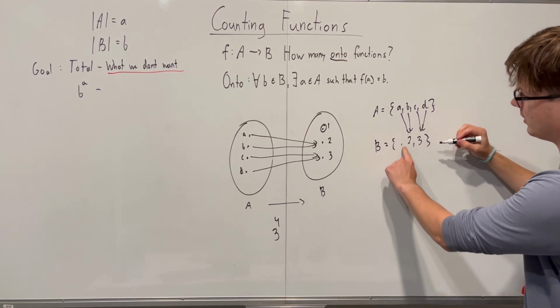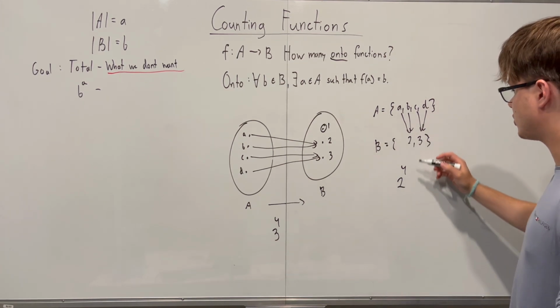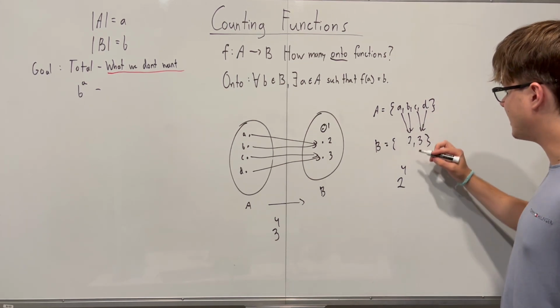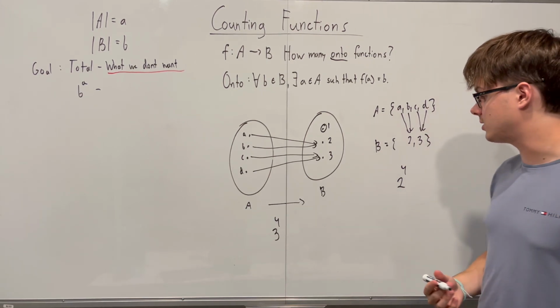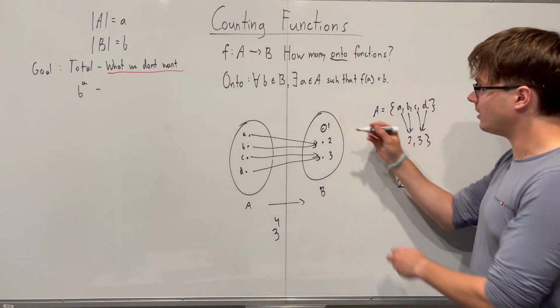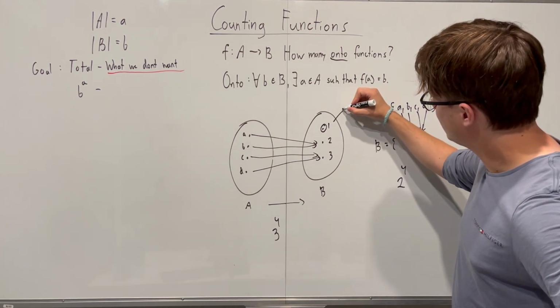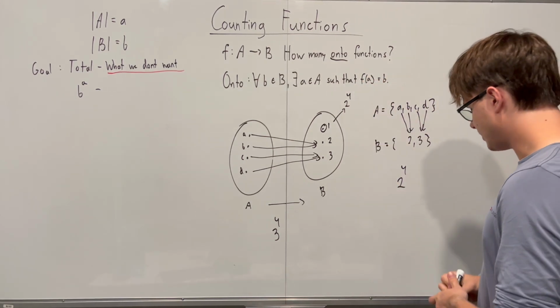We're just pretending like B has 1 less element, which means the size of B is now 2. The size of A didn't change. So the total number of functions where you don't map to 1 is going to be 2 to the power of 4. Okay, that's a great start.